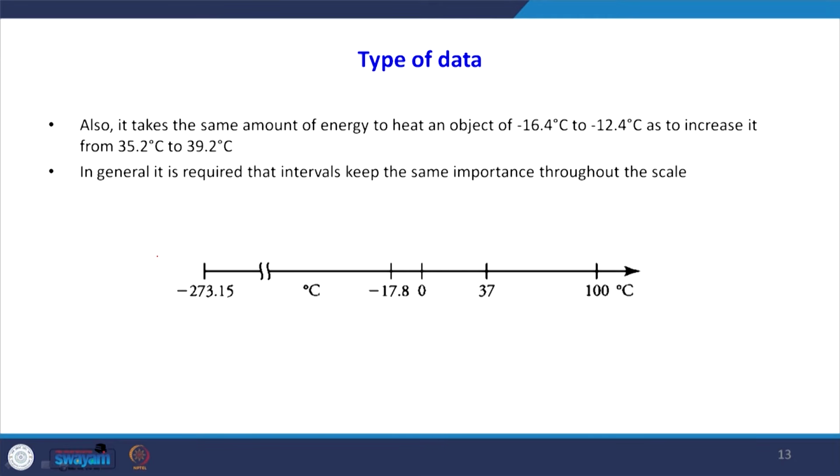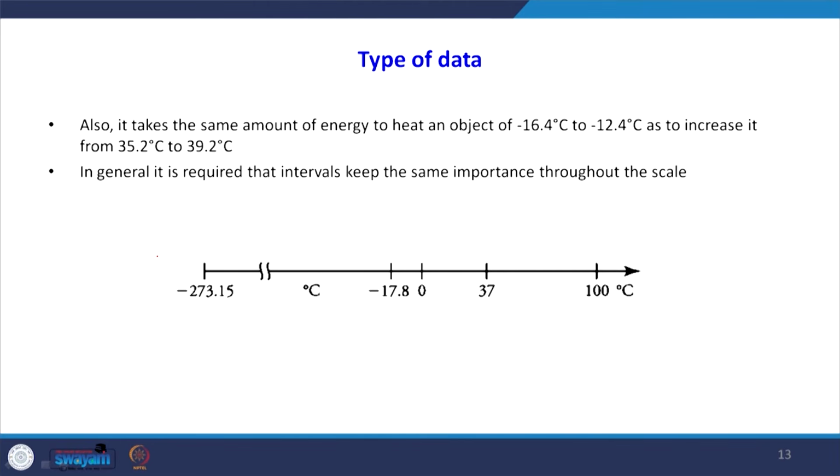It takes the same amount of energy to heat an object from minus 14.4 degrees Celsius to minus 12.4 degrees Celsius as to increase it from 35.2 degrees Celsius to 39.2 degrees Celsius. What I am saying is that the Fahrenheit temperature scale is also an example of an interval scale, because there is no absolute 0, but we can add and we can subtract.